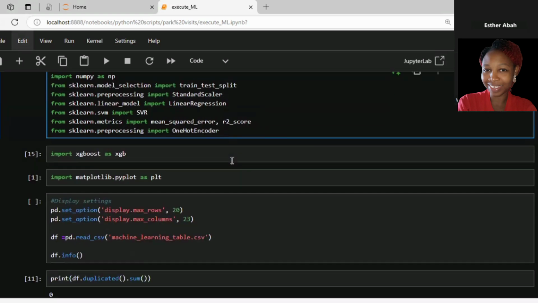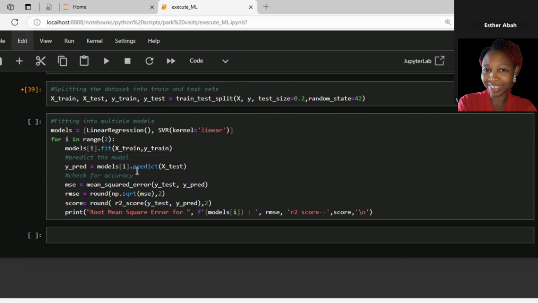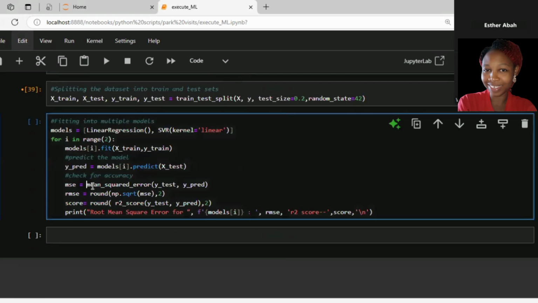So let me scroll to where we ran it so that you can understand better. Okay, so here it is. Mean squared error. First and foremost, when you are dealing with a regression problem, you have to use mean squared error and R2 score to check your accuracy.